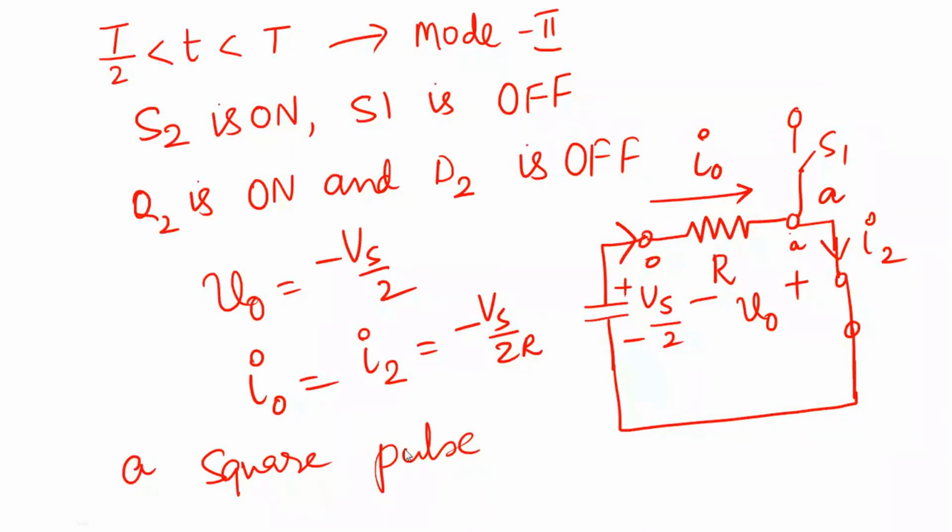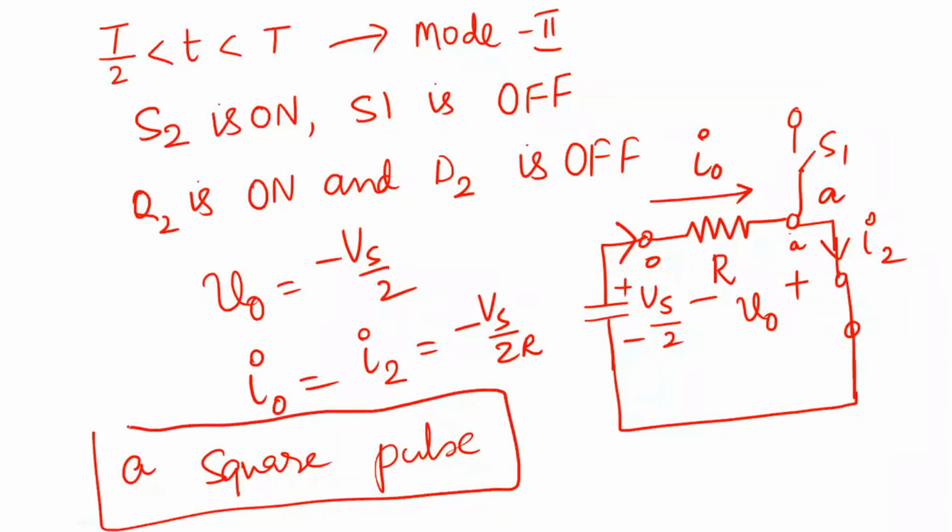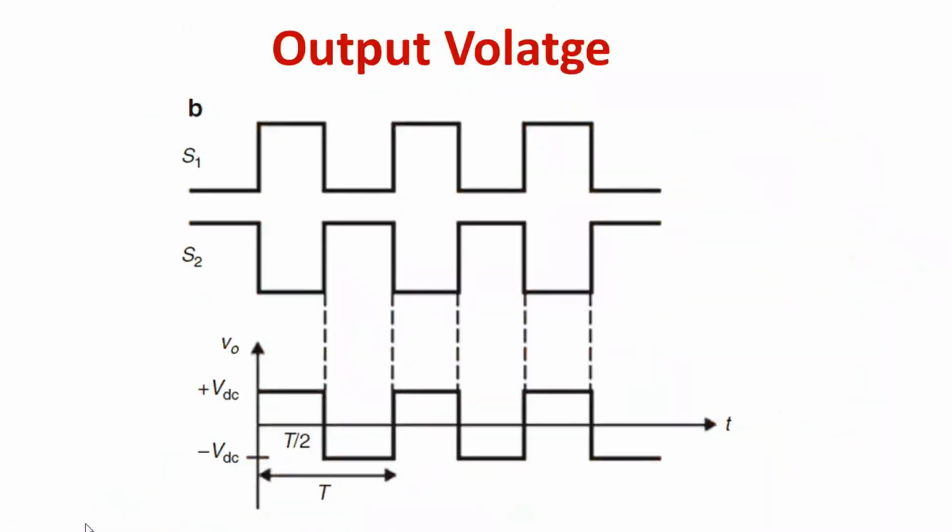Whether it is a half bridge inverter or a full bridge inverter, the output of an inverter is a square pulse. The output voltage is always a square pulse because we are using a DC voltage as the source.